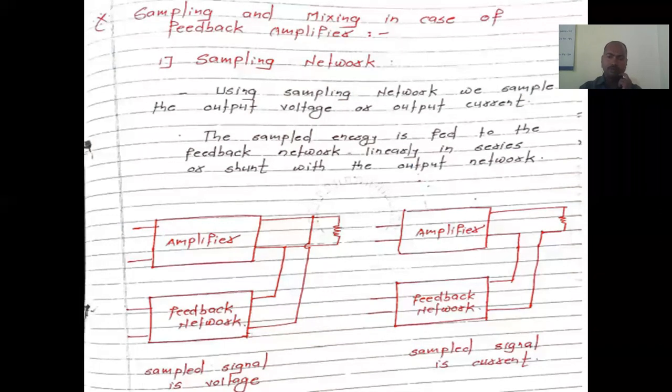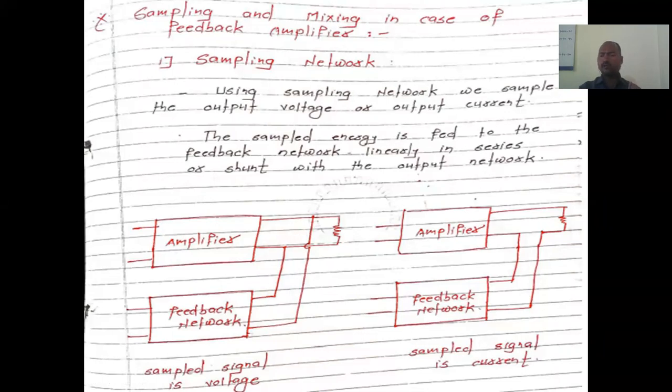Those are the different types of network. In the case of sampling, sampling indicates that some part of the output, either voltage or current, is again applied to the input.